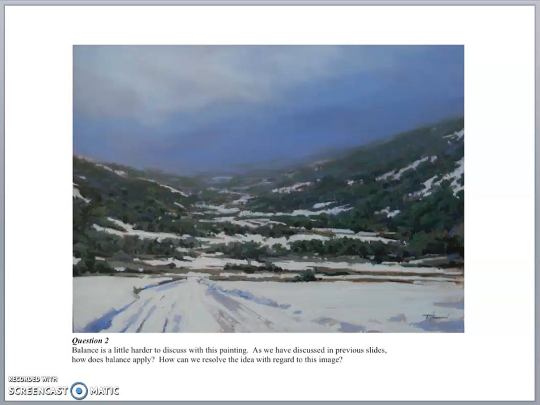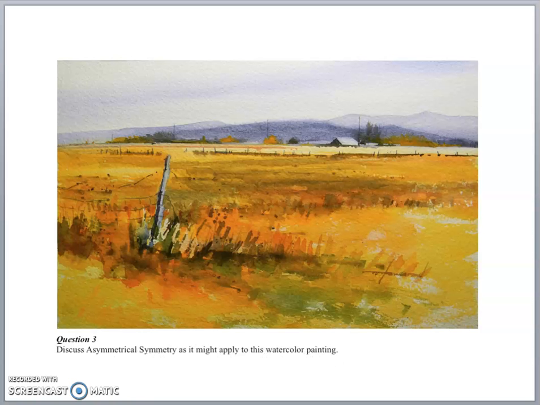It's not perfectly symmetrical, but still there's a sense of weights going on there that helps it to feel balanced. And then lastly, we've talked about asymmetrical balance briefly, and here we have it happening in this painting.